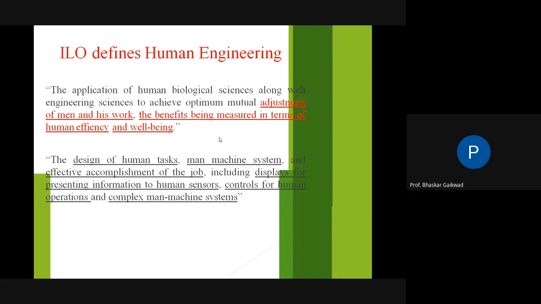So what is the meaning of this? It is very easy to operate any instruments or machine in order to increase the human efficiency.